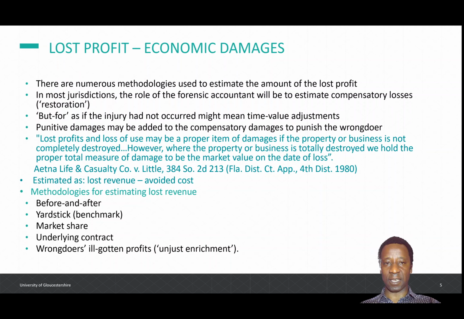And you can see here that we're trying to use some of our very fundamental accounting concepts. The idea that there is lost profit suggests that we are looking at what-if analysis, right? So if this loss had not occurred, how much would the other party have made?